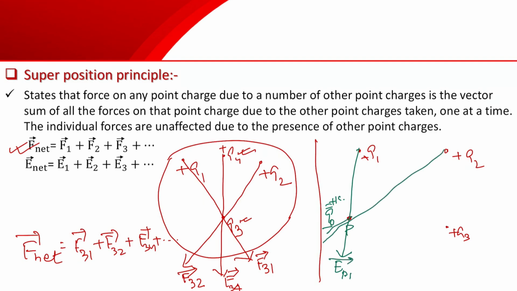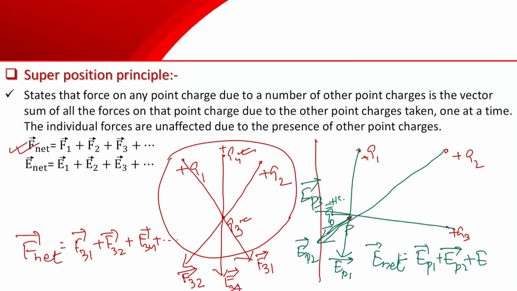Similarly, due to Q2 it will be in this direction, and let it be EP2. Similarly, due to Q3, the electric field will be in this direction, and it will be EP3. So E net will be EP1 plus EP2 plus EP3 and so on. So this is the superposition principle.